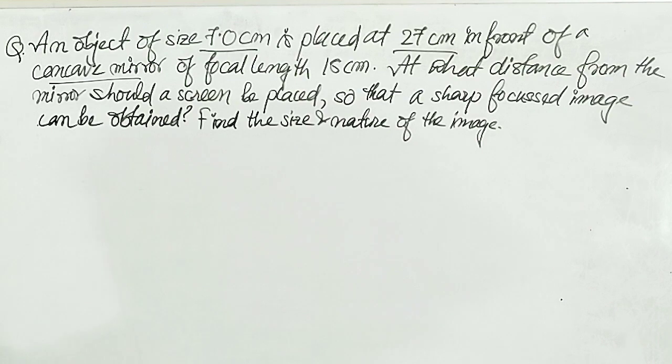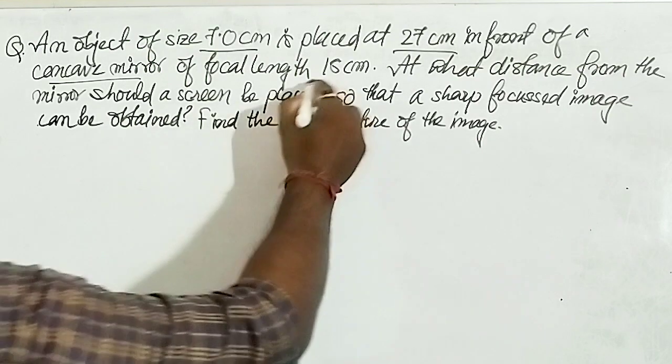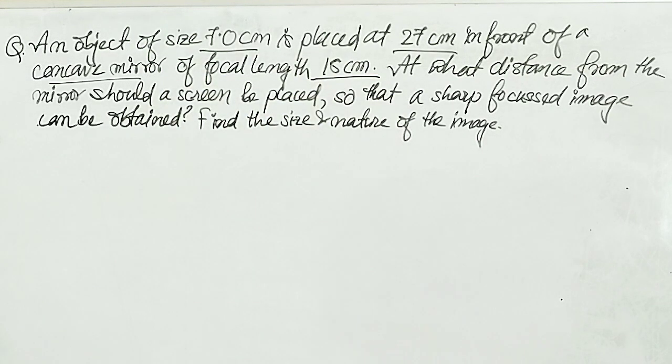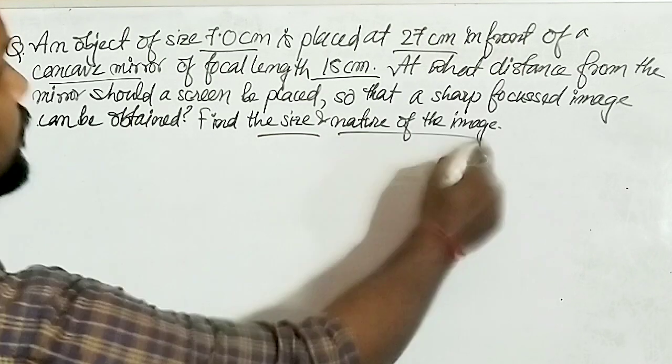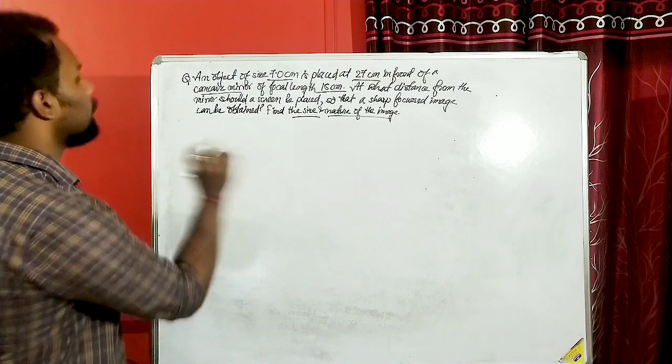Of focal length 18 centimeter. Again, we got one more quantity, 18 centimeter. So at what distance from the mirror, that means we need the v, that is the image distance, should a screen be placed so that a sharp focused image can be obtained? Find the size and nature of the image. Okay, we can calculate that. Now we'll solve it.